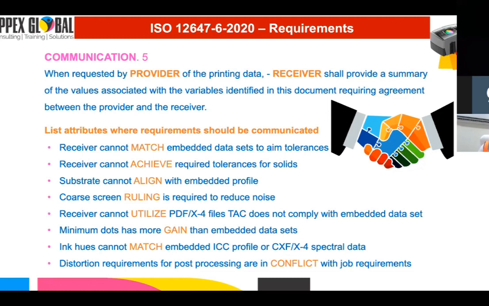So the spot colors are specified, the 100% is specified as a Pantone color perhaps, and it's got a LAB value. But what we don't have is how it goes from the 100% to the tint values. And so we have a CXF file format, which is just XML, and it's like a text file. And that provides us spectral data measured over black and measured over white for the spot color. And from that, we can predict how that breakdown of a tone value would work for spectral data.